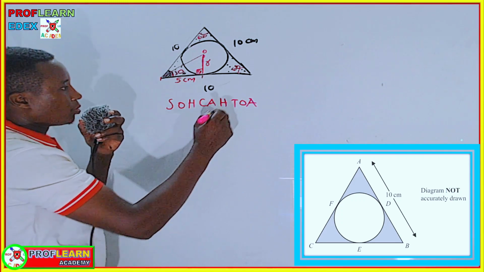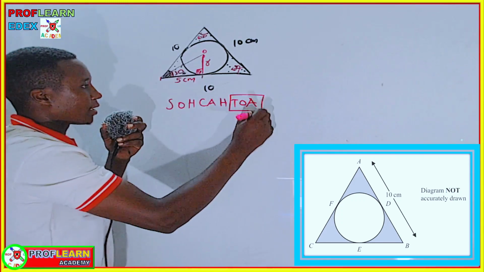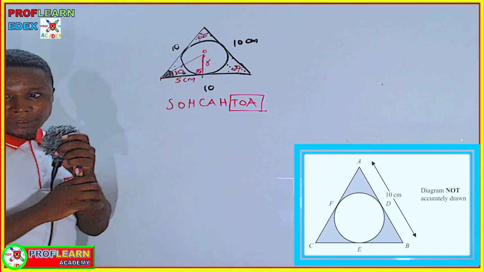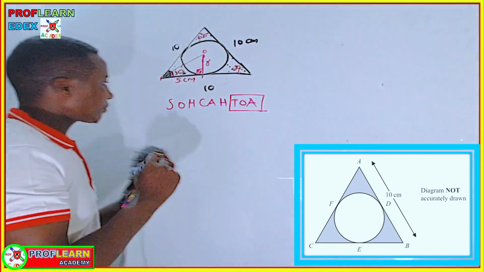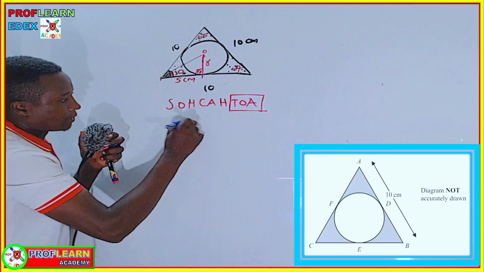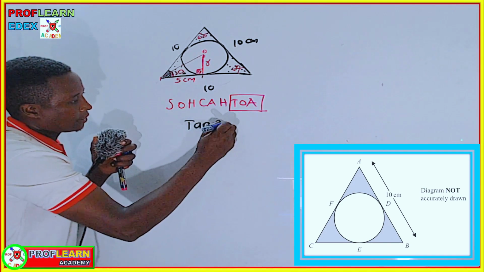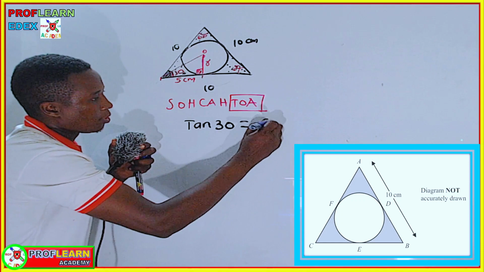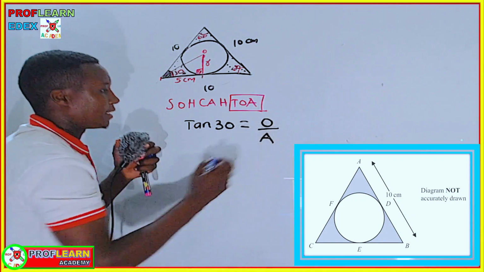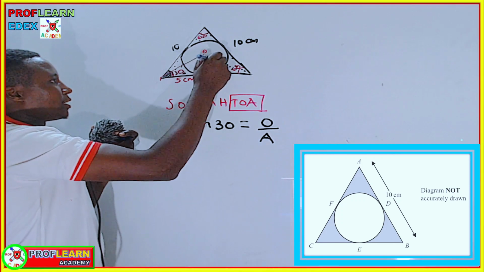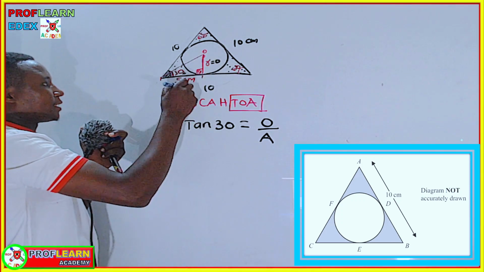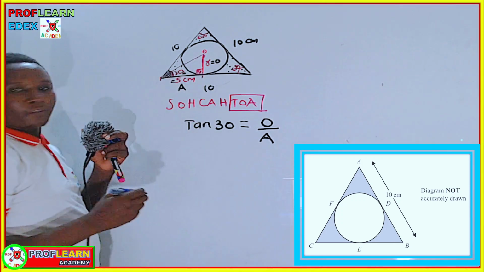We are going to make use of tan at that particular point. Tan 30 is equal to opposite over adjacent. Our opposite is this part, which is the radius, and our adjacent is this part, which is equivalent to 5.